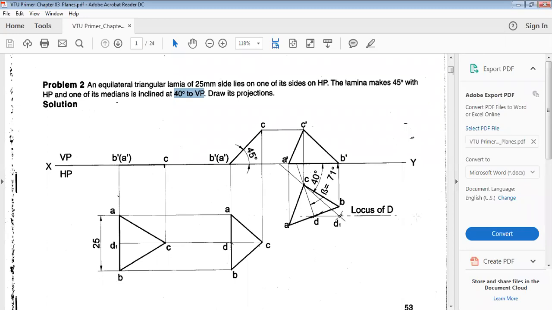After that, giving some space anywhere, I should not start from XY. In that 40-degree line, I will measure this D1C in the compass first. Please remember, I'll take the compass, measure this D1C, place it here on the 40-degree line, draw and cut the arc.